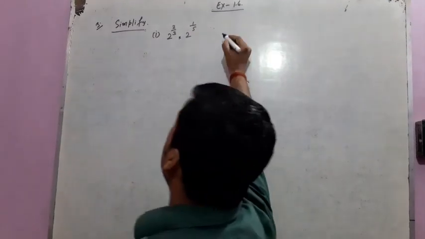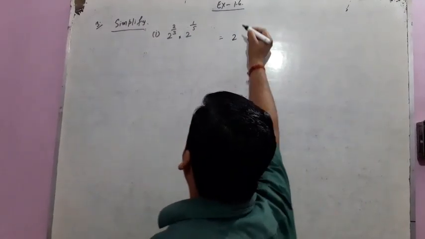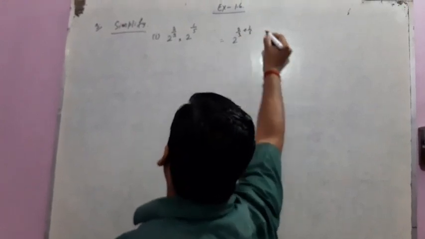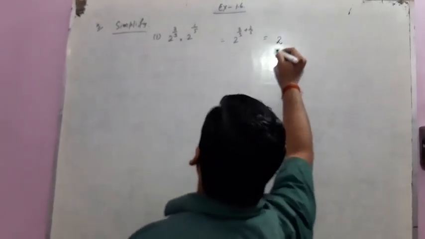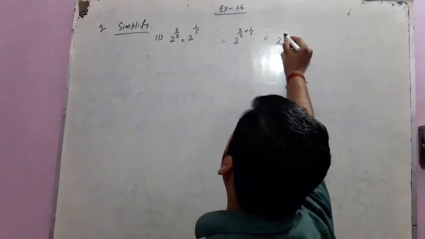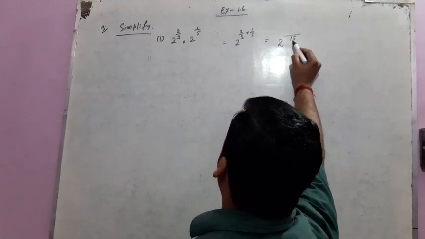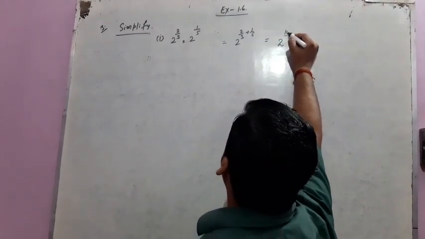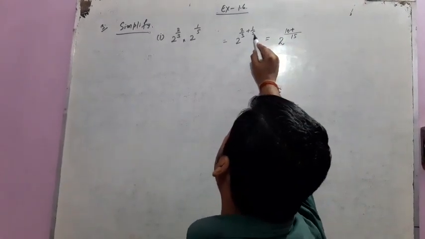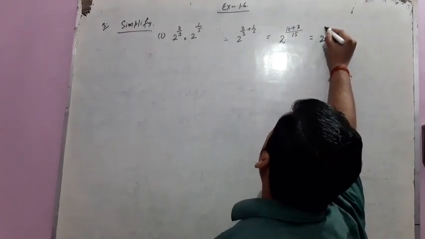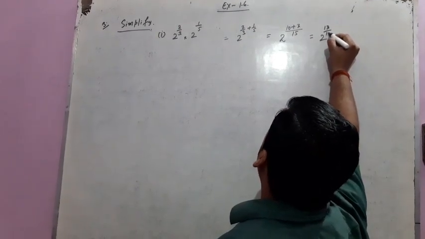So for solving this question, we add their exponents, 2 by 3 plus 1 by 5. Now here the base is 2. Taking the LCM of 3 and 5, the LCM of 3 and 5 is 15. Now 3 5s are 15, 5 2s are 10, and 5 3s are 15, 1 3s are 3. So your answer will be 2 to the power 13 by 15.